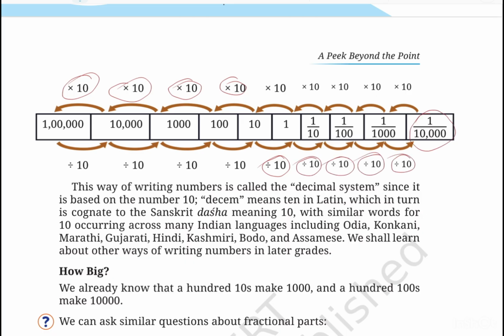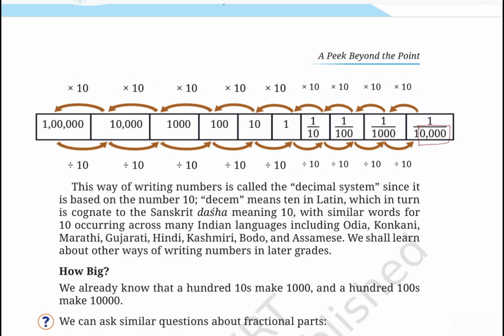10 thousands multiplied by 10, we get 1000s, and multiplied by 10 we get hundreds, and multiplied by 10 we get tens, and multiplied by 10 we get 1.